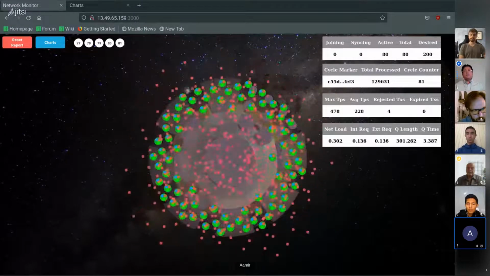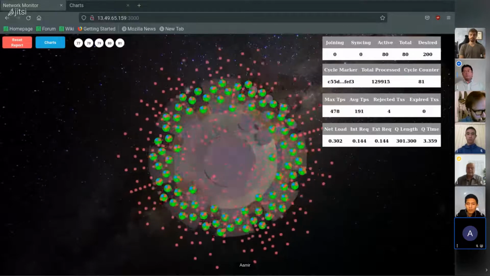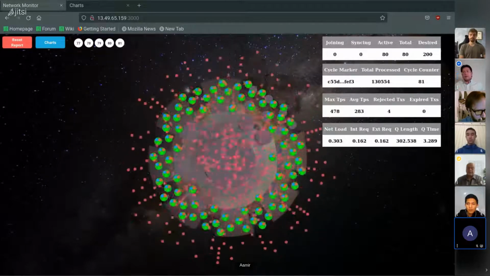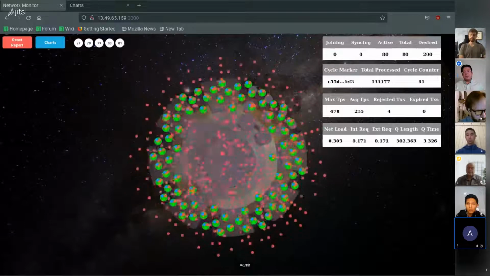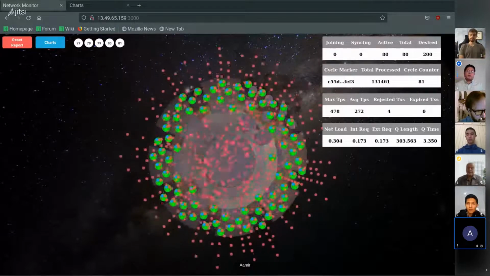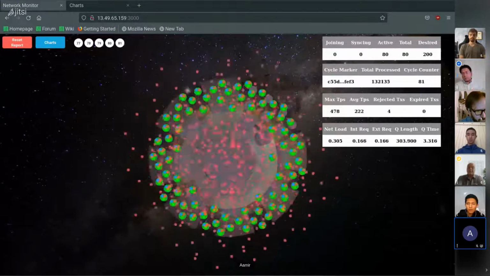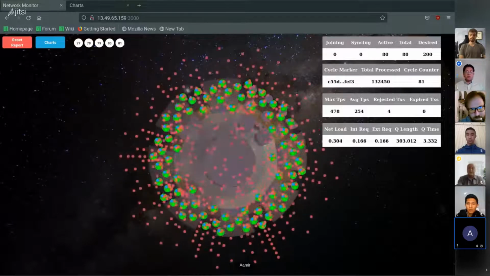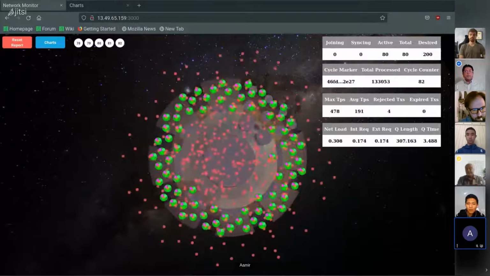This leads to a little bit of centralization, where the network is not as decentralized as the Bitcoin or Ethereum network are, right?